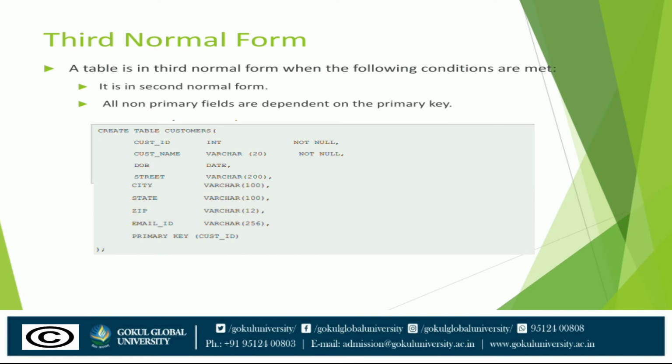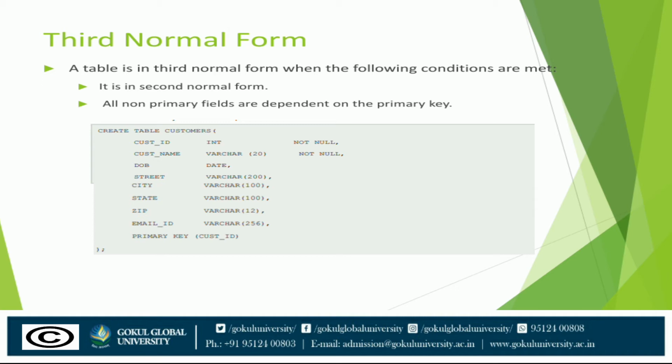Third normal form. A table is in third normal form when the following conditions are met: it is in second normal form and all non-primary fields are dependent on the primary key. That is the need for the third normal form.